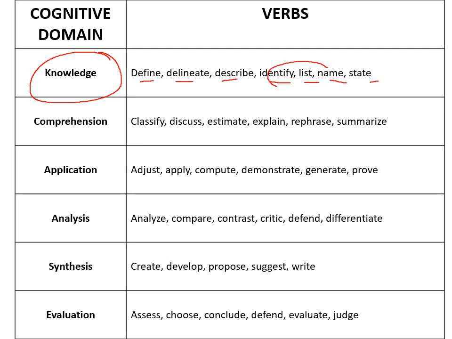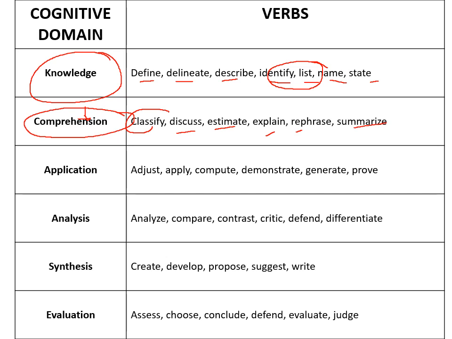So kapag kaya mong ilista, kapag kaya mong i-enumerate, you know, alam mo. But you don't necessarily comprehend. Kasi kapag sinabi natin comprehension, you are able to classify, discuss, estimate, explain, rephrase, and summarize. Meaning that these topics are things that you understand, that you comprehend, as opposed to just knowing.